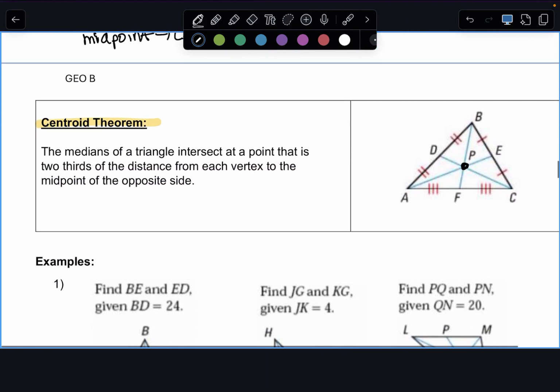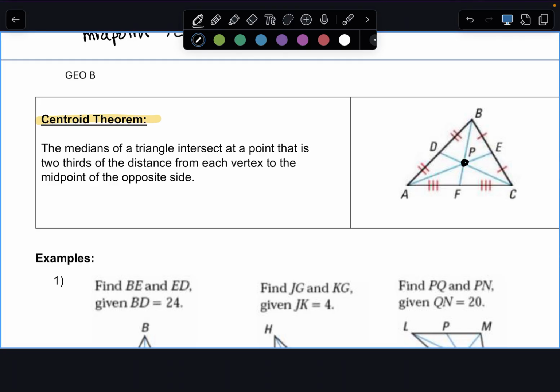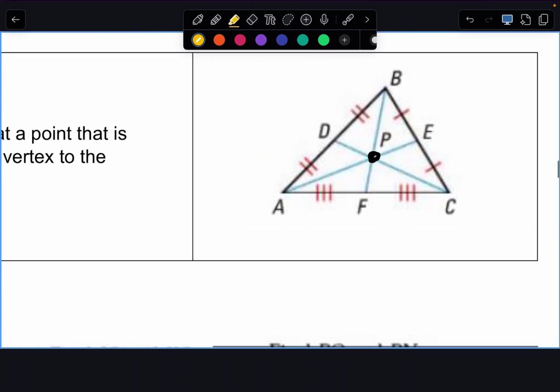Okay? So, if we look in our picture, there's kind of a few options. I'm just going to first point out this median right here. Okay? Which piece looks bigger? BP or PF? Which one? Yeah. You think PF looks bigger? BP looks bigger.